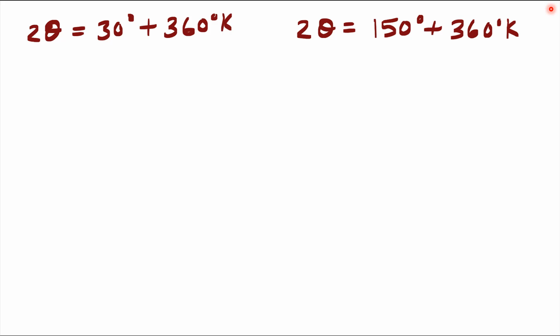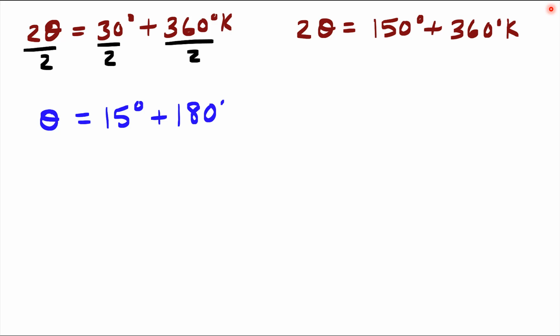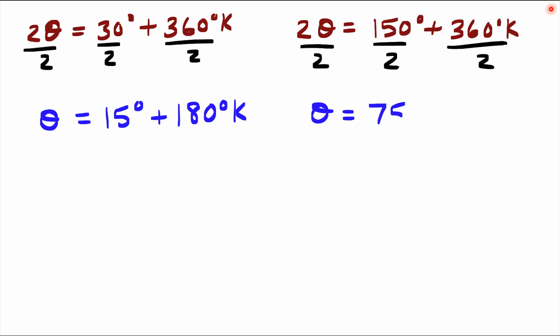All we got to do, divide by 2. That's it. So divide by 2 here, divide by 2 there, divide by 2 there. And I get final answer: theta is equal to 15 degrees plus 180k. The other one here, divide by 2, divide by 2, divide by 2, and I got theta equals 75 degrees plus 180k.